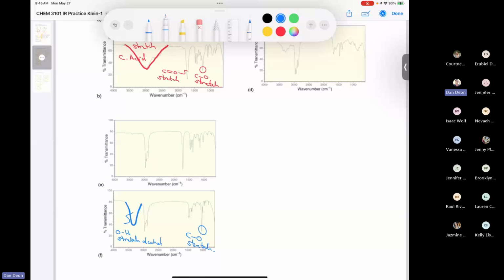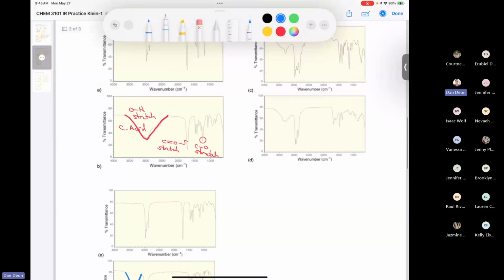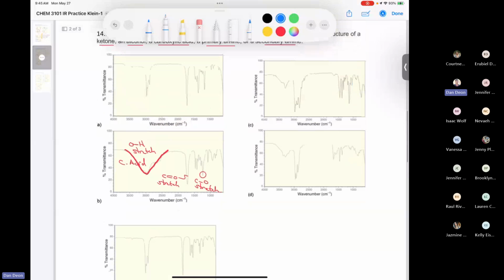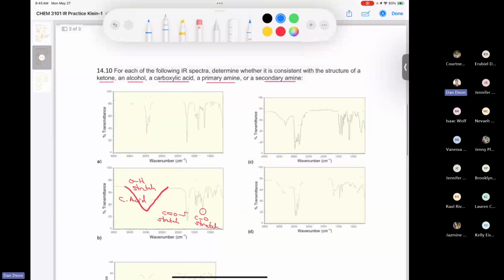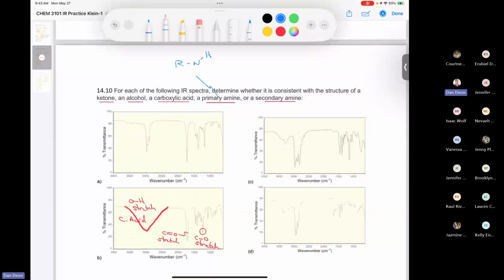All right, for the rest of them, I'm going to walk you through the amines, because remember, whether you're dealing with a primary amine, which has 2 stretches, or a secondary amine, which only has 1 stretch, okay? Remember that nitrogen is not as electronegative as oxygen, and so the dipole is not going to be as strong.